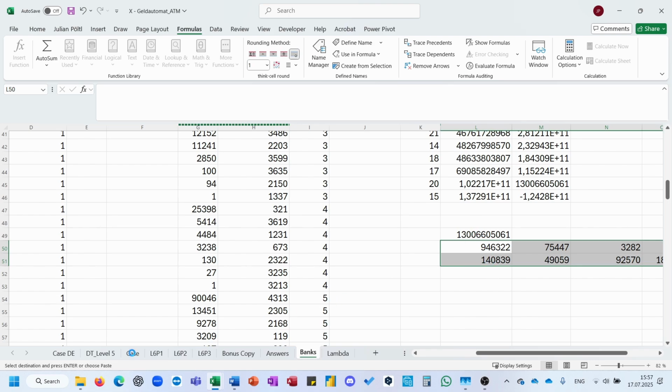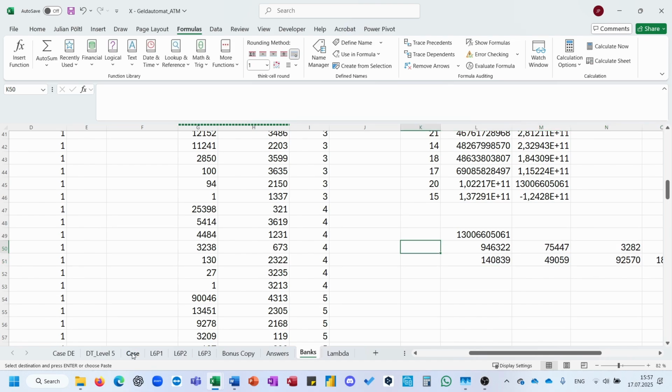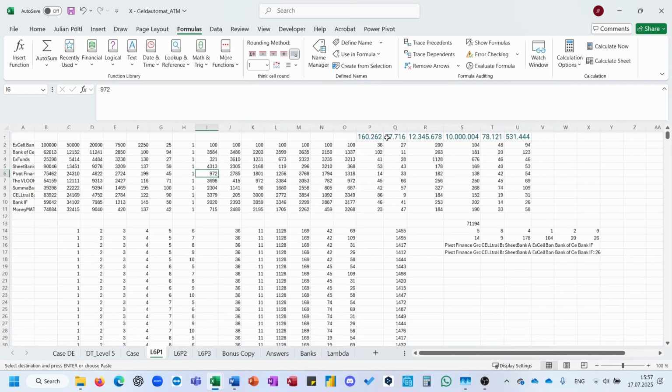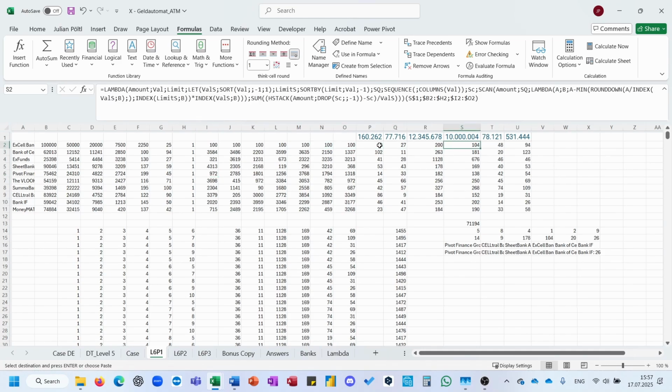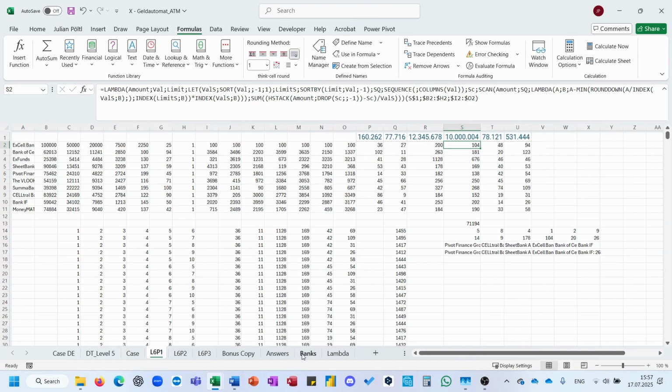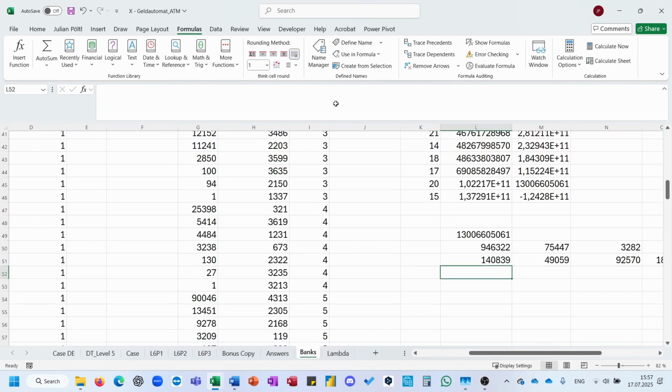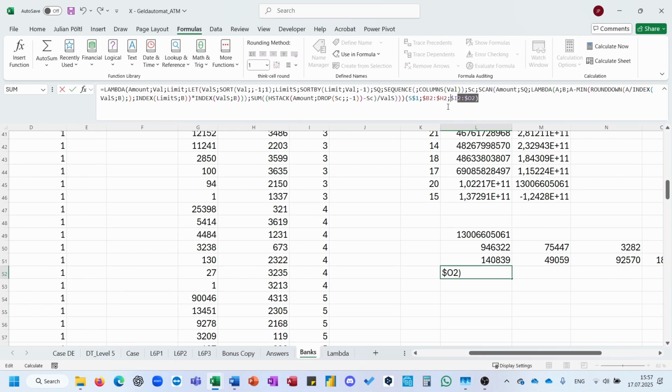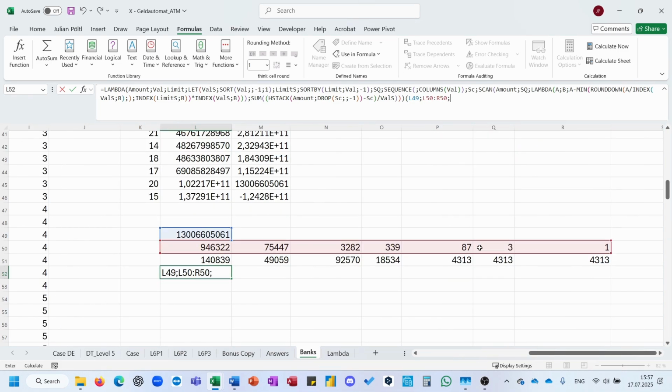And now we elaborate on the formula we've used on the former levels. So this formula here, this lambda. Okay, please enter here: amount, nodes, limited nodes.